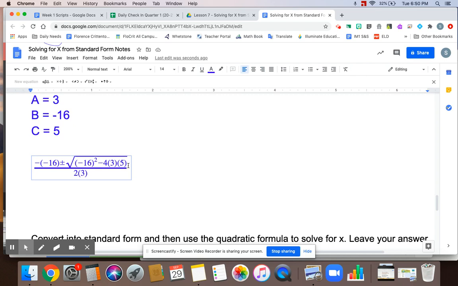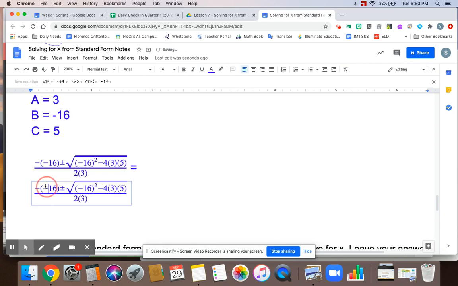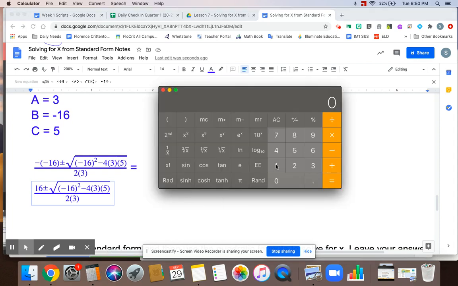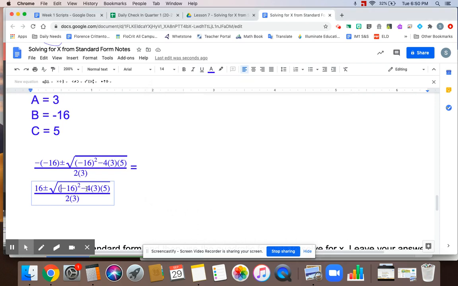So then, step 2 is to simplify things. So negative, negative means what in math? A negative negative means it's a positive, so I don't need the 2 negatives. Negative 16 squared, if I do a negative times a negative, it's going to be positive. 16 times 16 is 256.